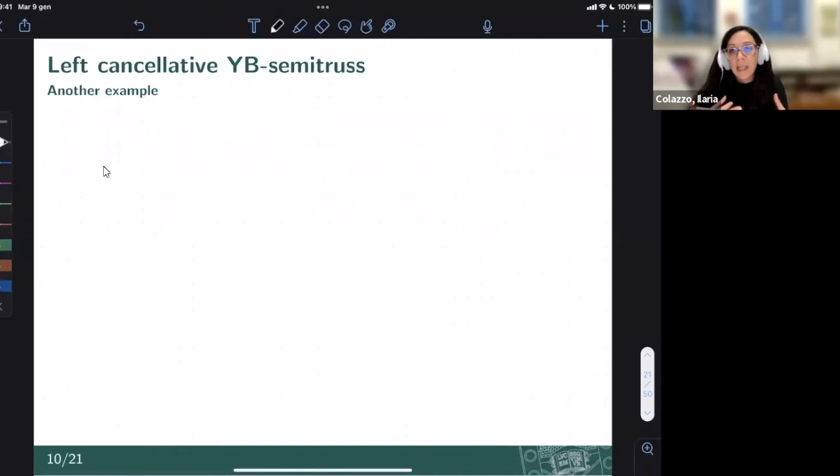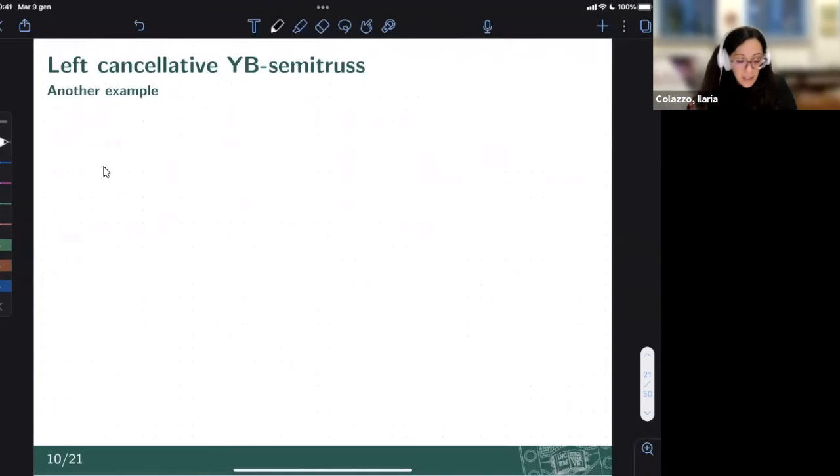There is a generalization of skew brace called left cancellative left brace, in which we have a left cancellative semigroup as additive structure and as multiplicative structure the group. The question is, can we have something different?